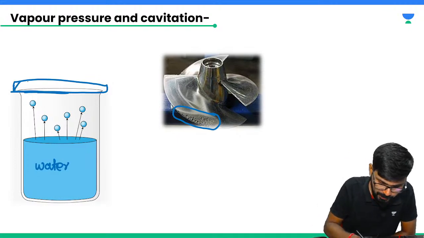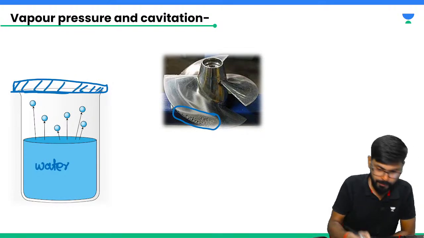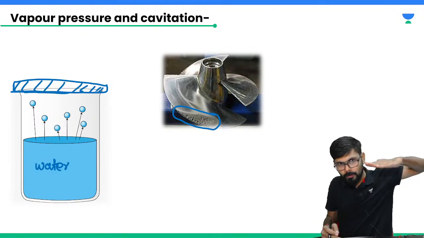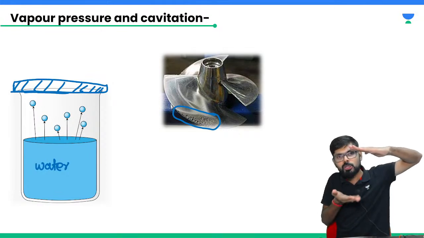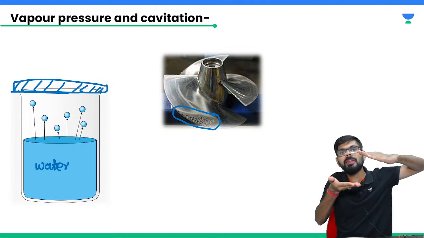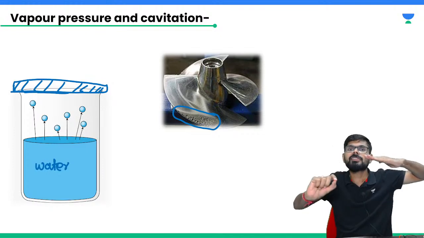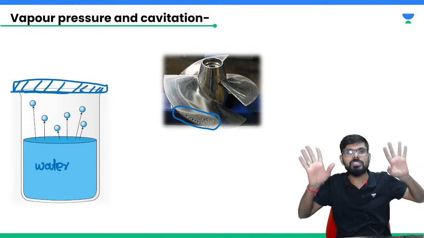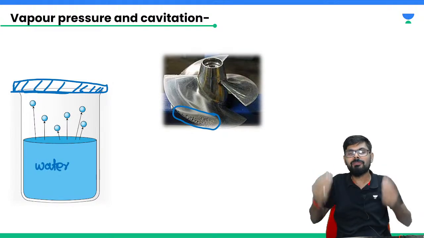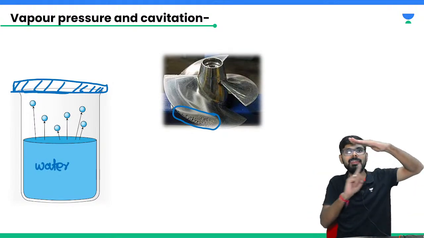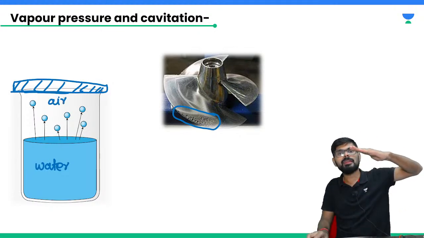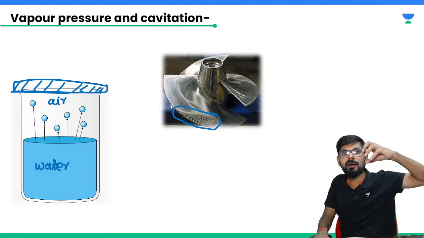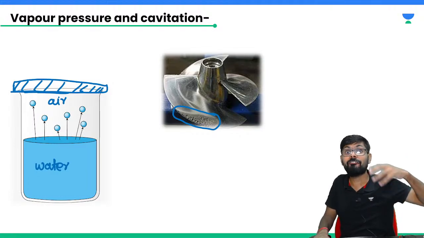Now please listen here. If I close it, then at the moment you close it, the evaporation rate will be fast, but slowly the rate of evaporation will decrease, and after some time the evaporation will stop. Because whatever air is available in this glass is going to be saturated, and that is called phase equilibrium.